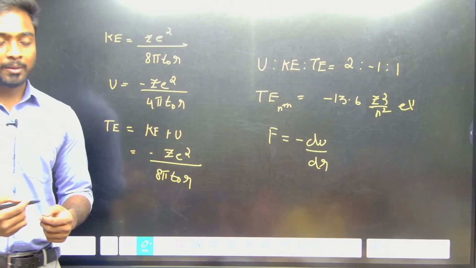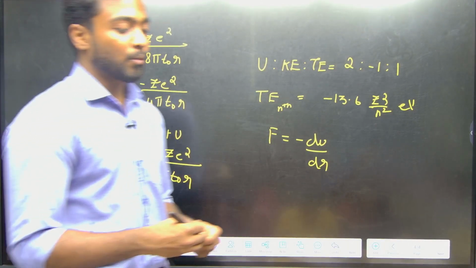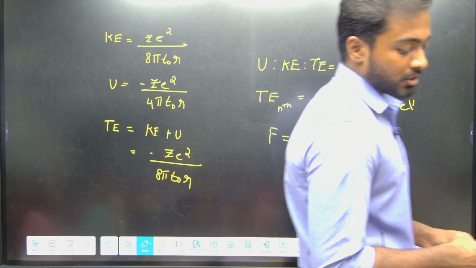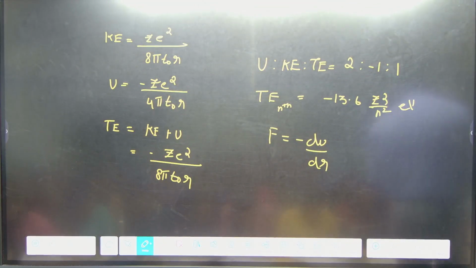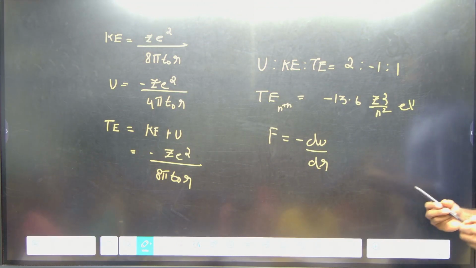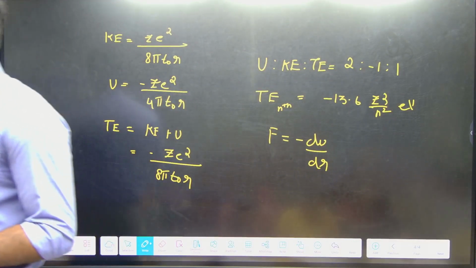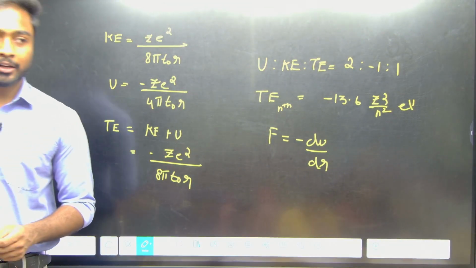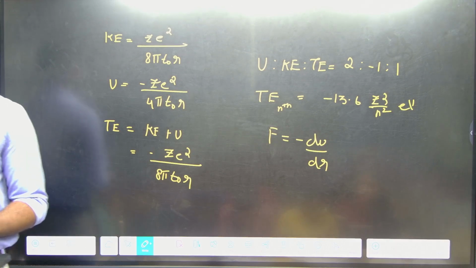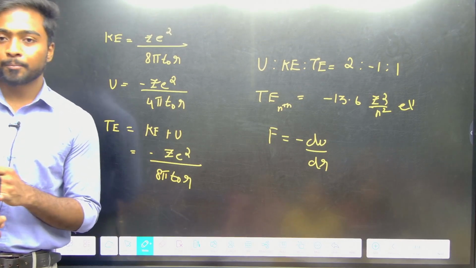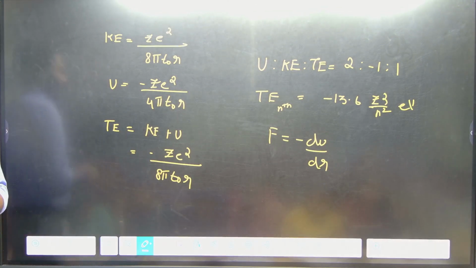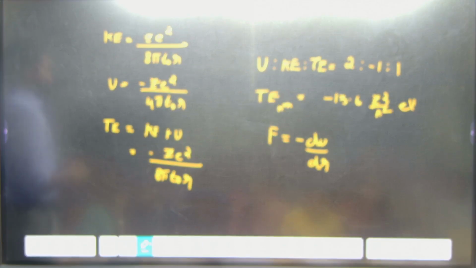The next point, the potential energy of the nth orbit is equal to minus 27.2 electron volt. For kinetic energy it is plus 13.6 electron volt, and for potential energy it is minus 27.2 electron volt.